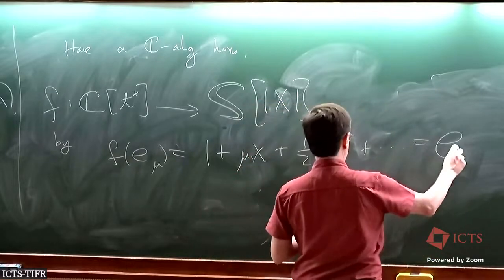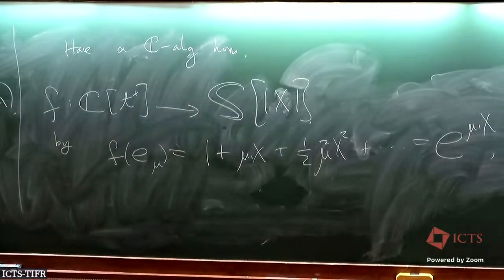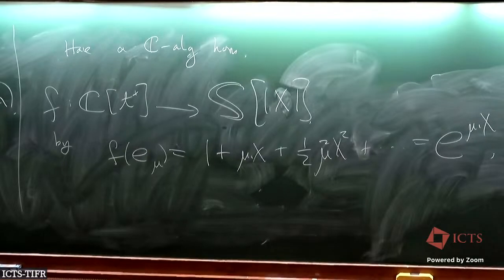So I can write that as e^(mu x) in this power series ring, understood in that way. So I get an algebra homomorphism. This was Rohit's idea.